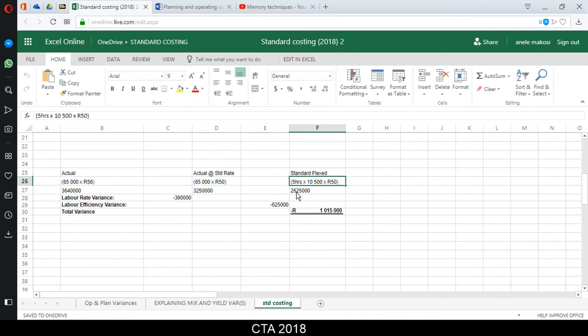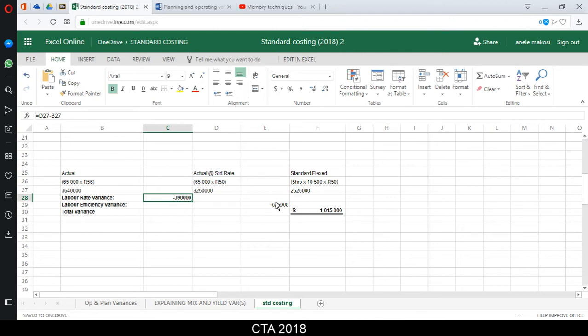So the total is 2,625,000 here, and then actual hours at standard rate is 3,250,000, and then the actual hours at actual rate is 3,640,000. Now my labor rate variance is going to be the actual at standard rate minus actual to get 390,000 here.